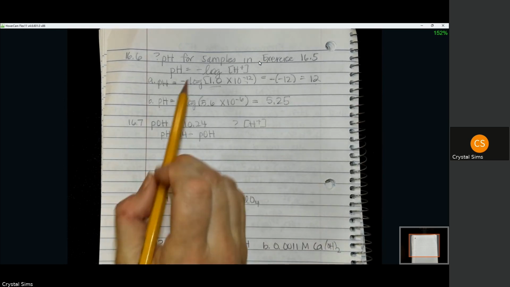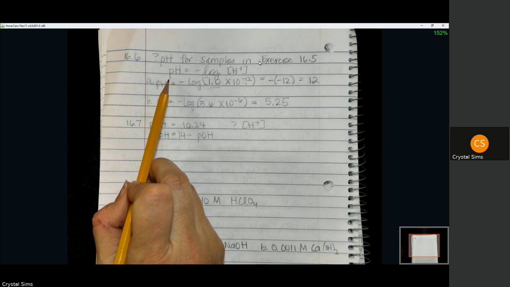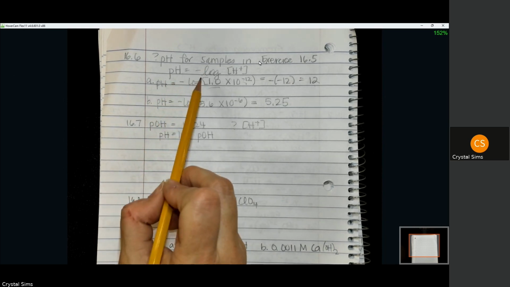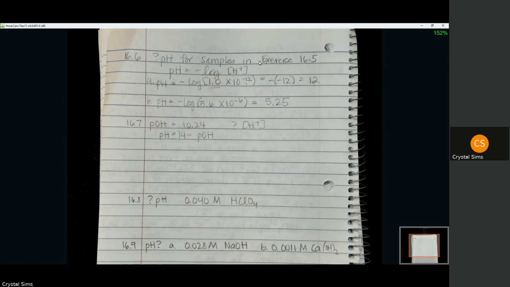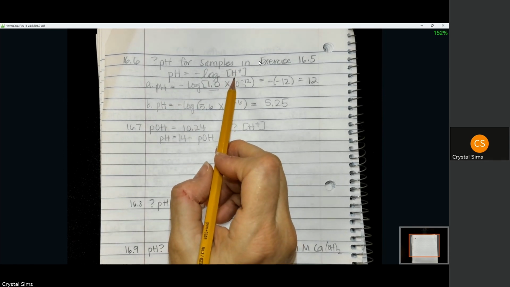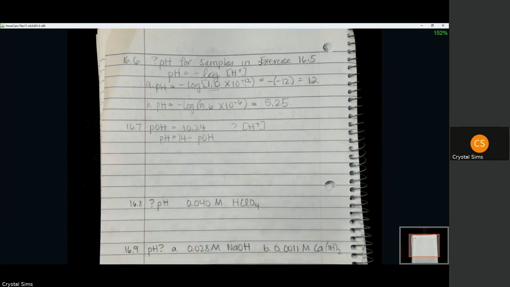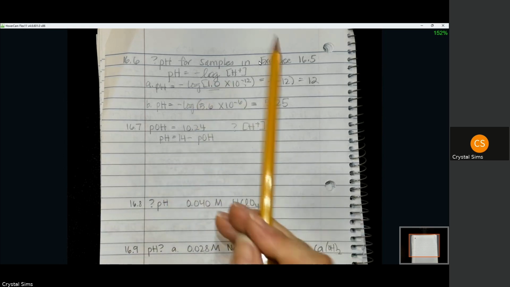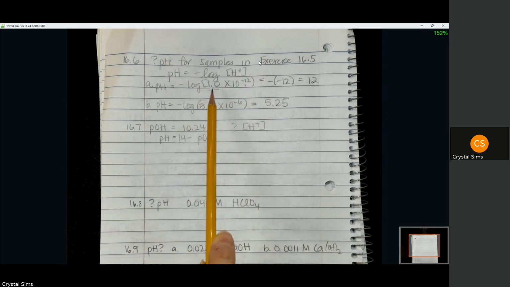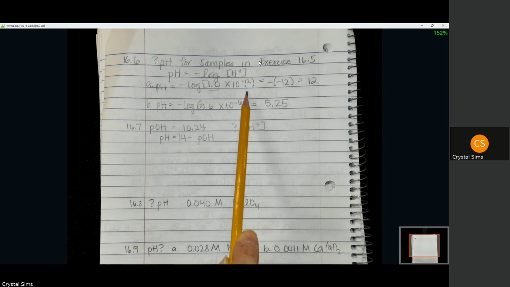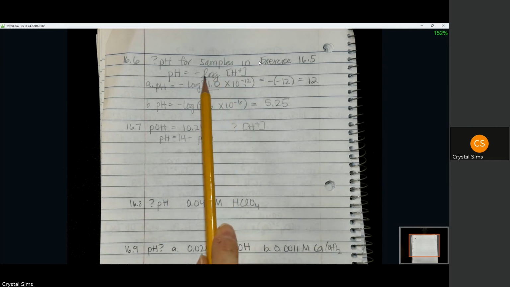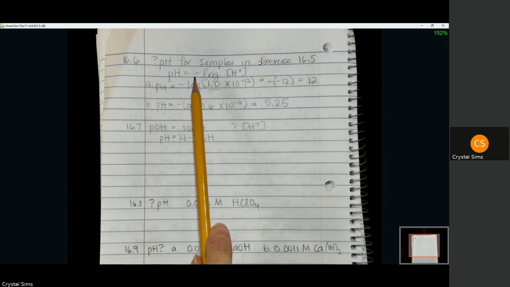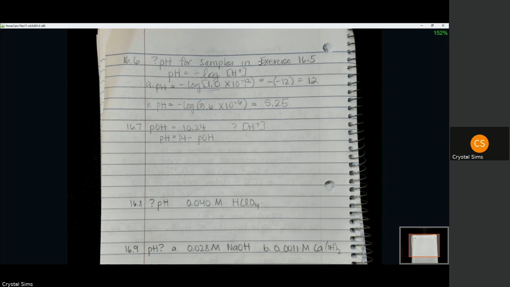So just remember the formula for pH is negative log H. Now, how you put this in your calculator may be a little different. For the Apple calculator, if you're using your iPhone, you probably will have to put in the hydrogen ion concentration first and then hit log and hit enter and then take the negative of that. But just make sure that you are clear on how you put this into your calculator.